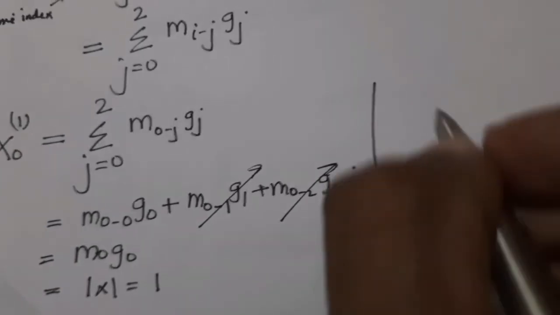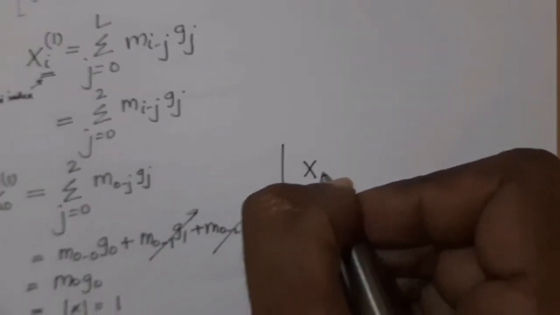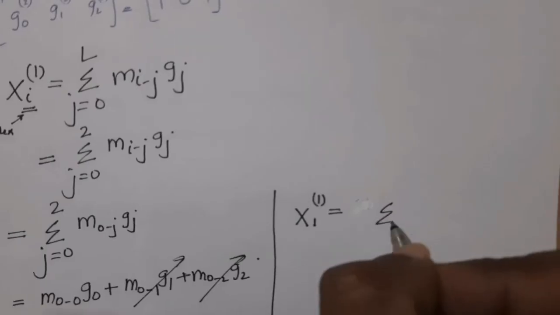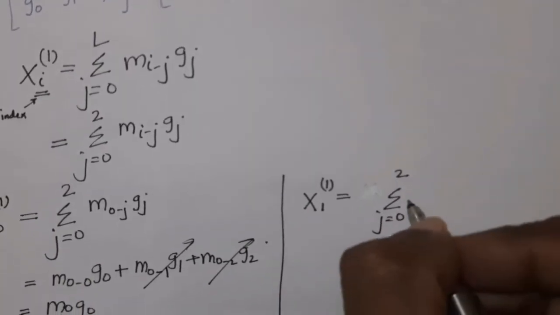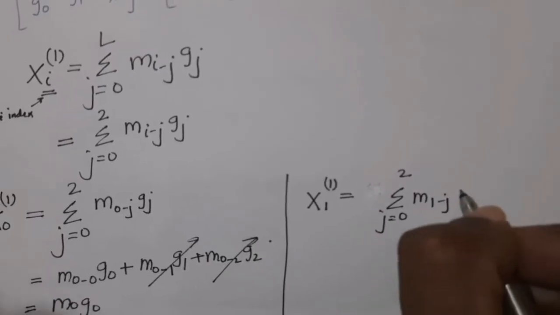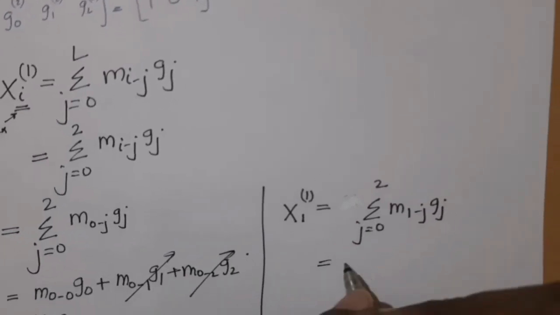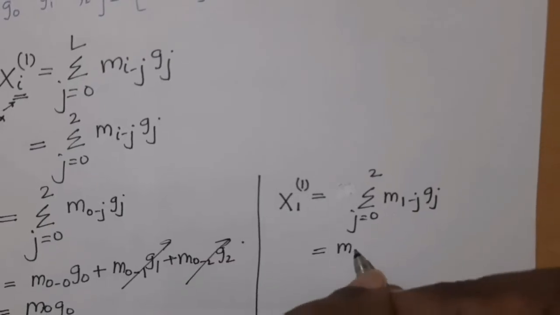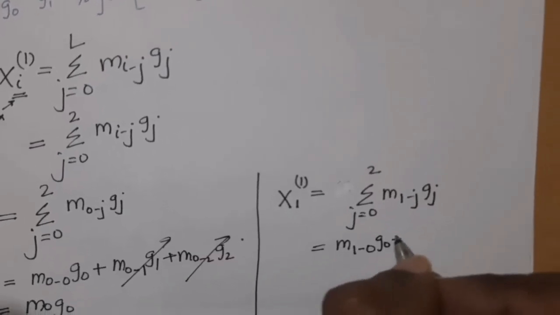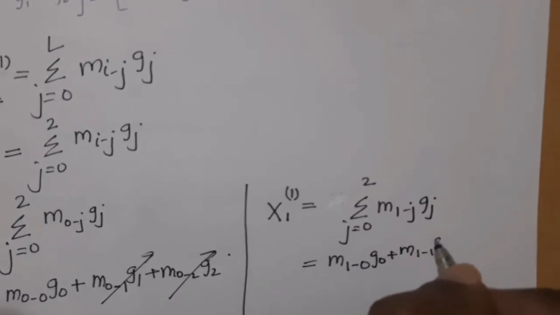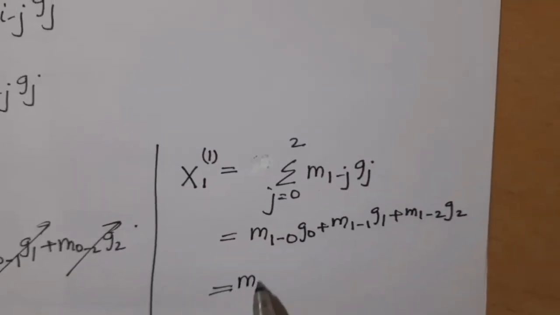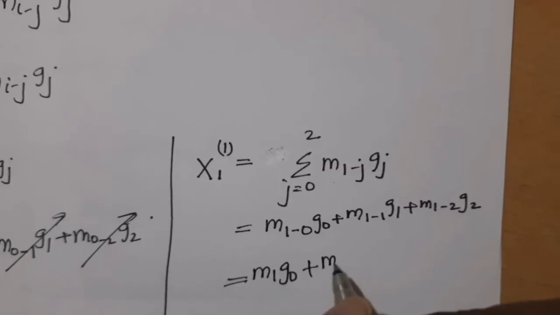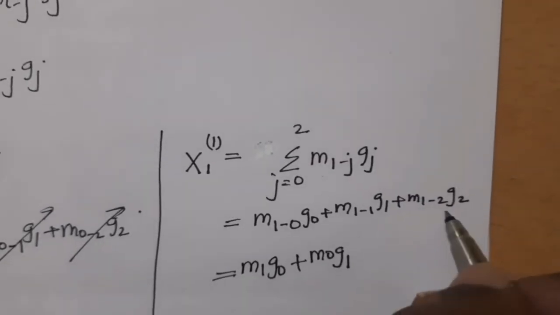Similarly, you can find x1 of 1, summation j equal to 0 to 2, m1 minus j, g of j. This will be equal to m1 minus 0, g of 0 plus m1 minus 1, g of 1 plus m1 minus 2, g of 2, which is m1 g0 plus m0 g1 plus m minus 1 g2.